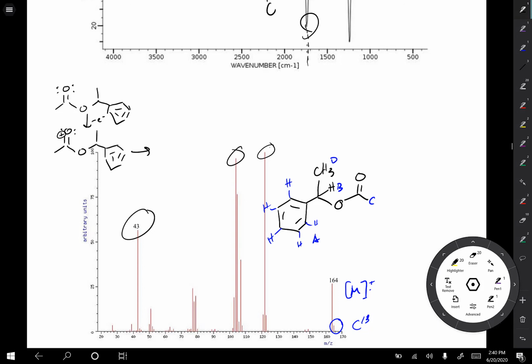And now what's going to happen? We know we can do alpha cleavage. This is going to give us our acylium ion, and then this is also going to give us a neutral radical here.